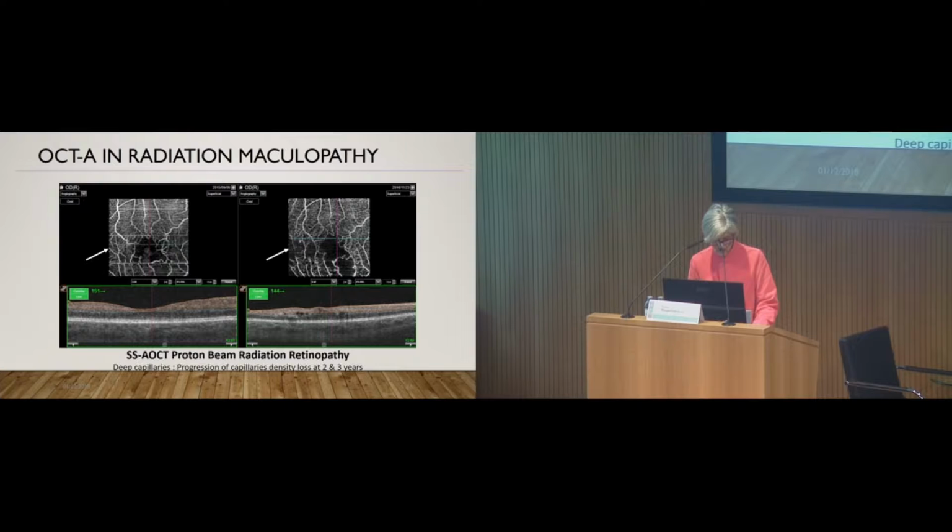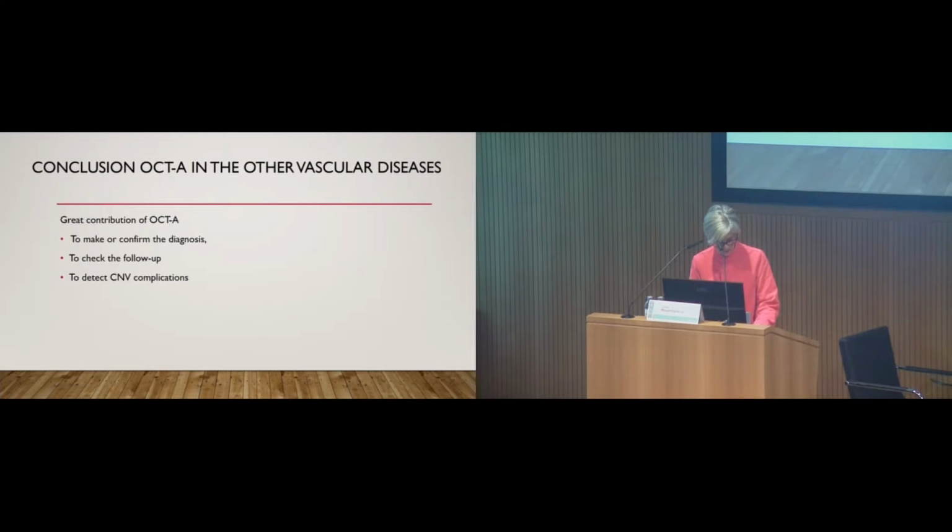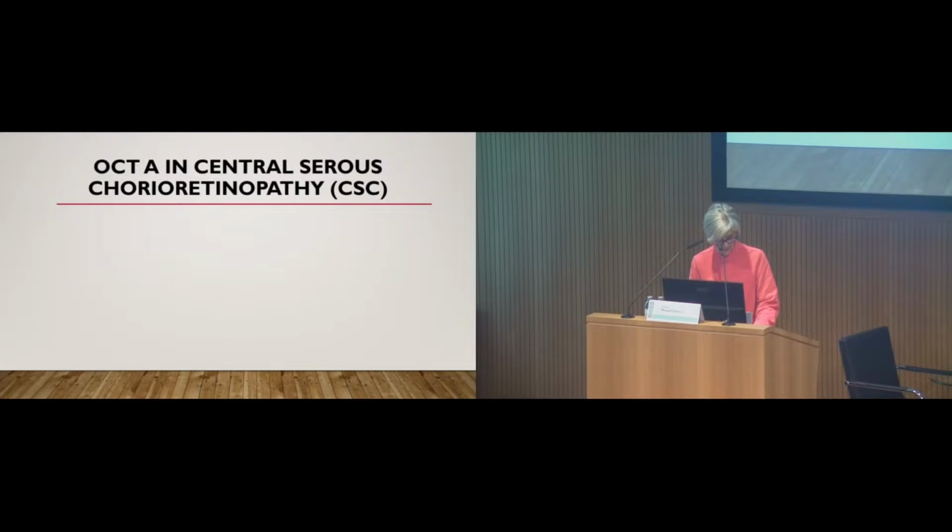At last, in radiation retinopathy, in the deep capillary plexus, we can easily see the progression of capillary density loss after 2 and 3 years of evolution. So in other vascular diseases, there is a great contribution of OCTA to make or confirm the diagnosis, to check the follow-up, and to detect CNV complication.